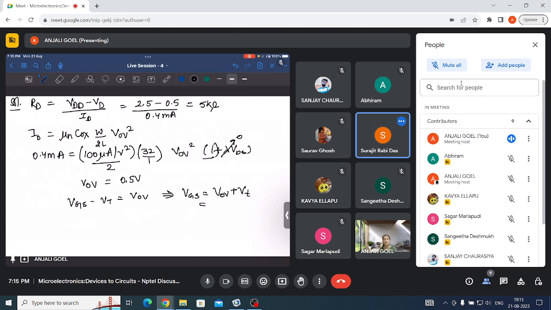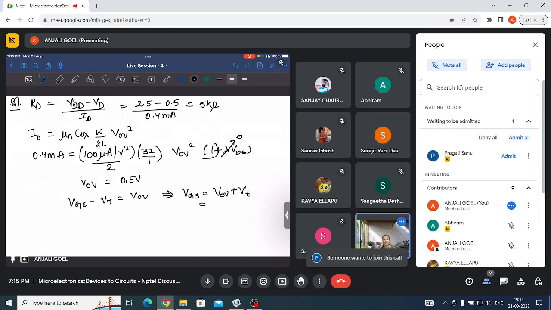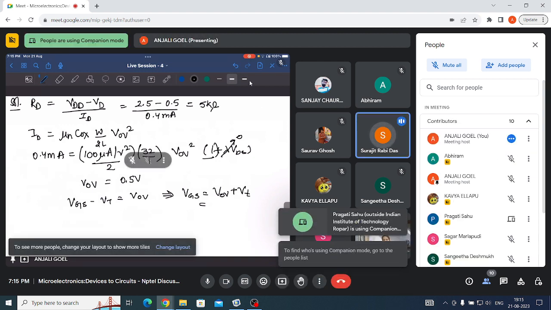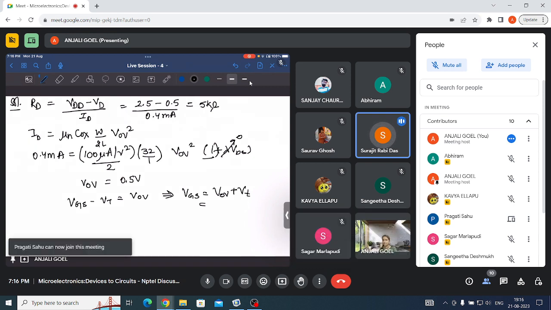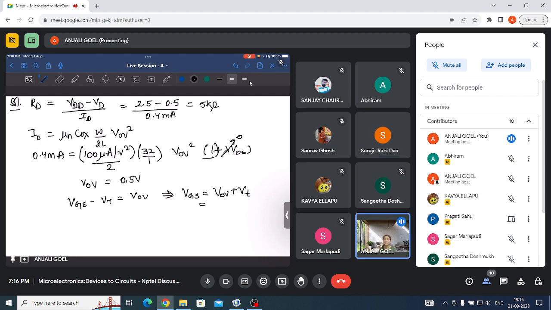So you have considered the region of saturation, right? Yeah, it could be linear also. Without finding the VDS, I cannot assure. Like lambda equal to zero, that logic is fine. But sometimes lambda is equal to zero, but we are still operating in the non-saturation region. For that, first you need to check whether it is in saturation or not.